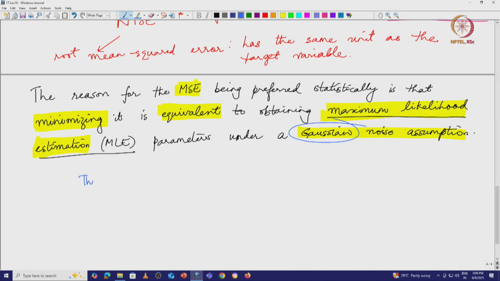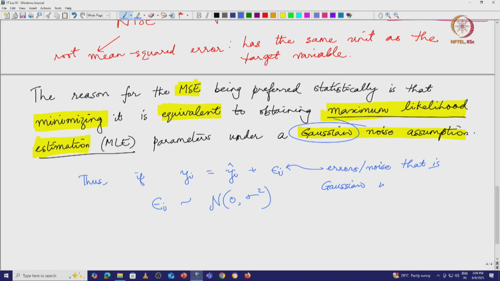So, thus if the true value is the predicted value plus some error, where the error or the noise is distributed normally with a mean 0 and variance sigma square, and this is something we have seen earlier, even when we derived the parameters for the confidence intervals, we made this kind of an assumption. So, these are the errors, or the noise, that is Gaussian in nature.